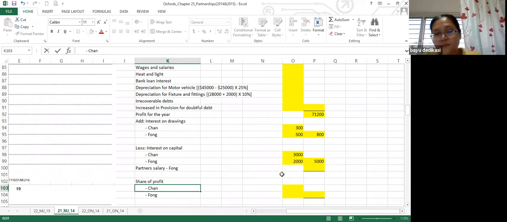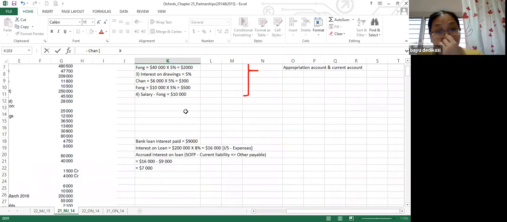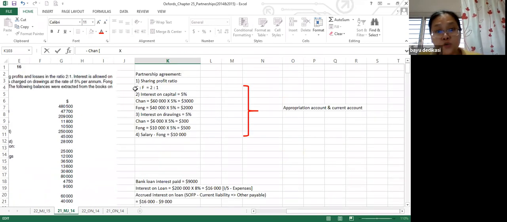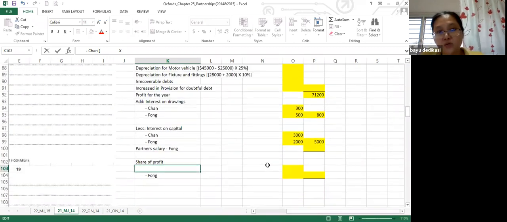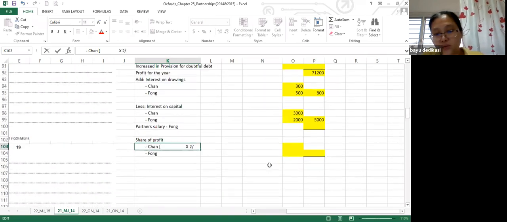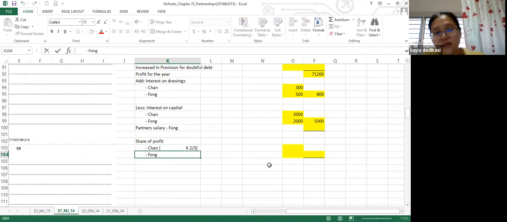The share of profit, first of all, how much? You all have to work it out. And then you multiply by the ratio. The ratio is 2 to 1. Means that Chan will get 2 over 3, whereas Fong will get 1 over 3.